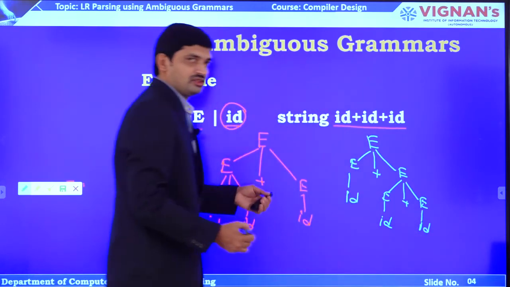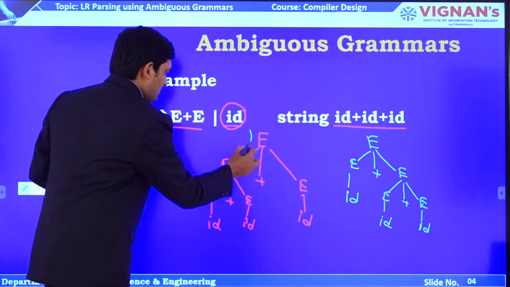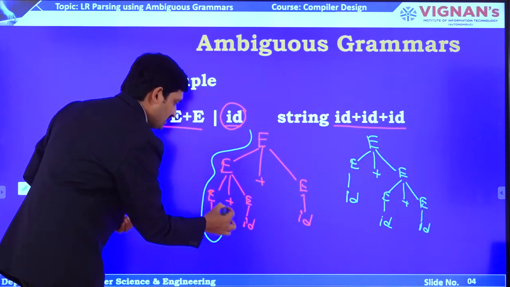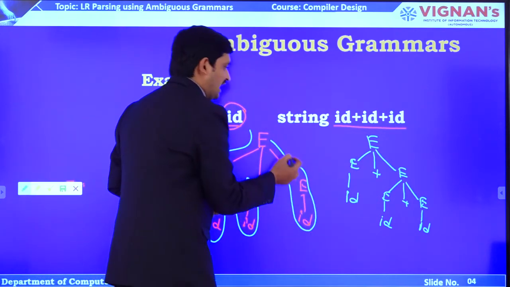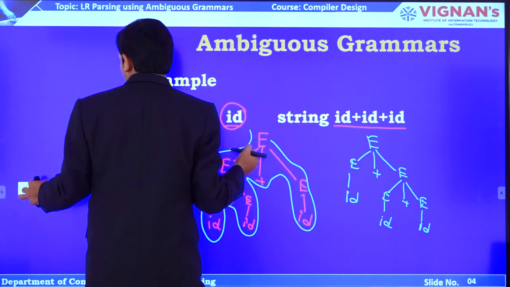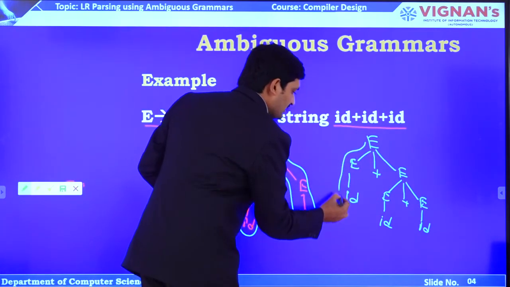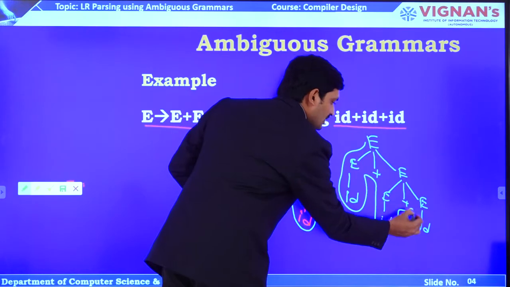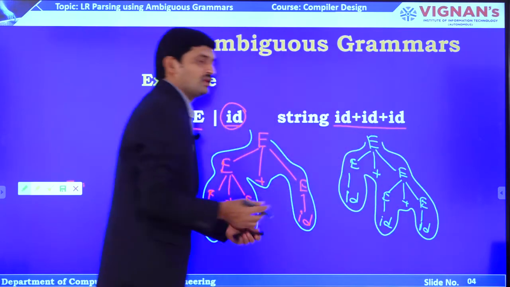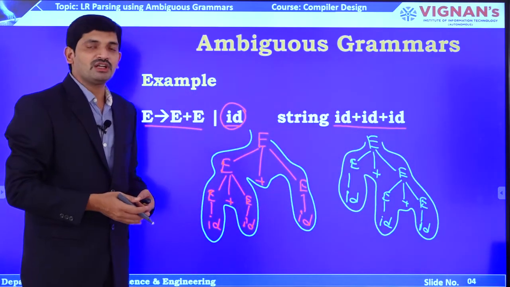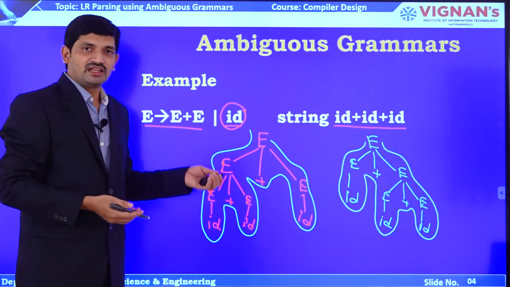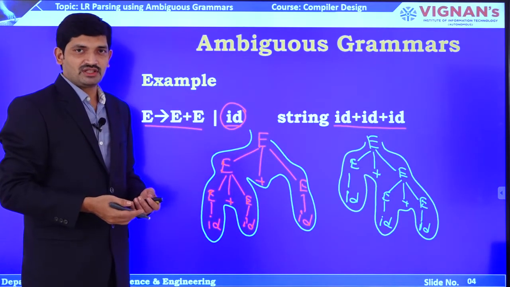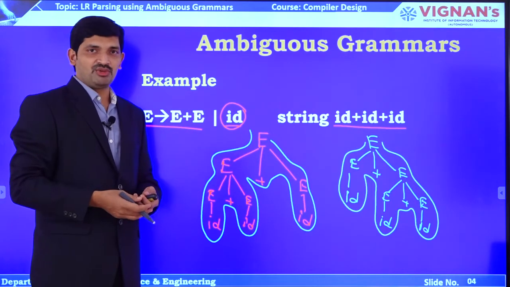So, here also I am going to generate the string id plus id plus id. That means I generated the required string id plus id plus id in two ways. So, I can say that this is an ambiguous grammar. So, for a given grammar, if we can generate more than one parse tree, then it is known as an ambiguous grammar. So, what is the problem with the ambiguous grammar?